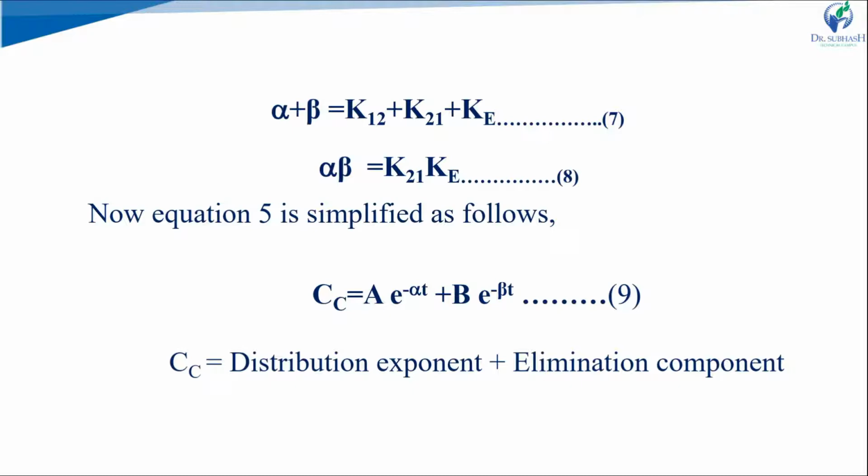Now we can simplify the equation, so it becomes Cc = A e^(-alpha t) + B e^(-beta t). The central compartment concentration is the distribution exponent plus the elimination exponent.